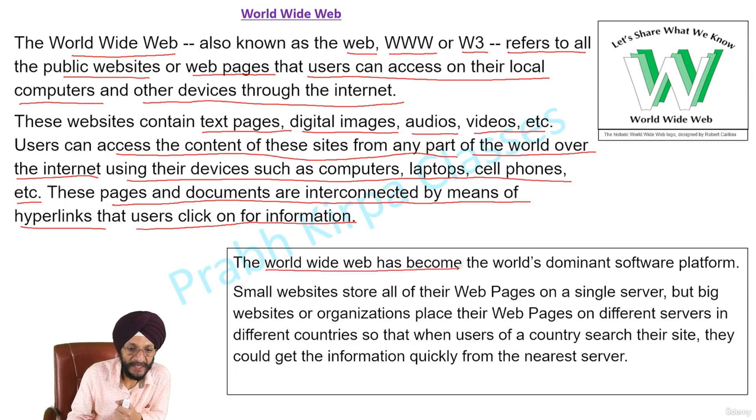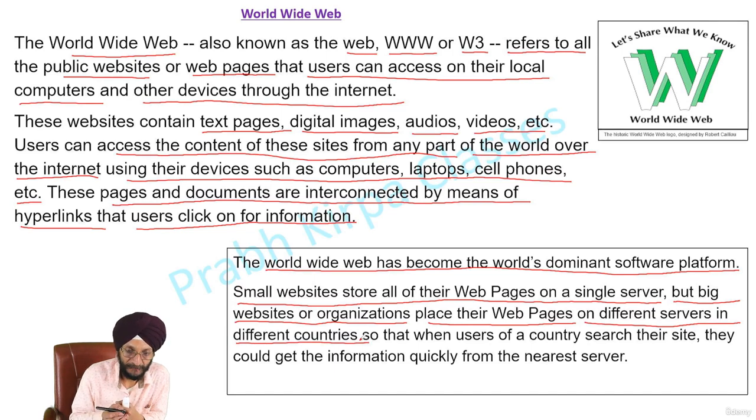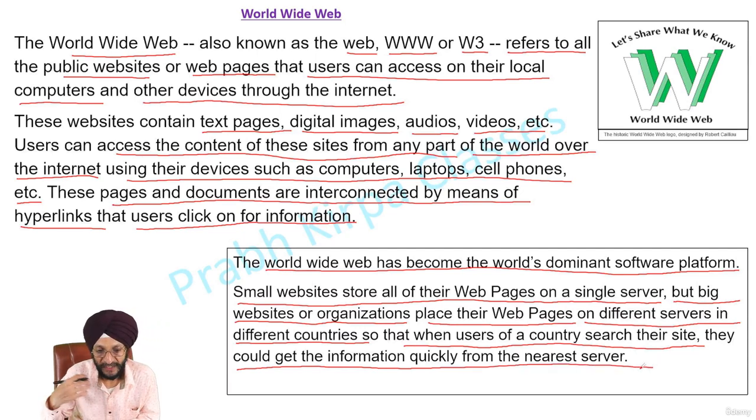The World Wide Web has become the world's dominant software platform. Small websites store all their web pages on a single server. But big organizations or big websites place their web pages on different servers in different countries, so that when the users of a country search their site, they can get the information quickly from the nearest server.